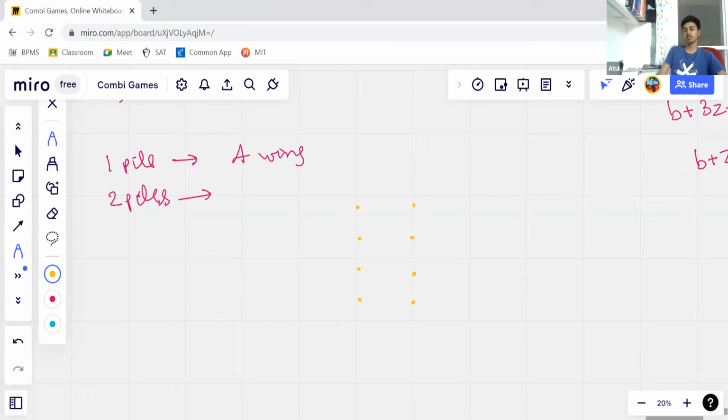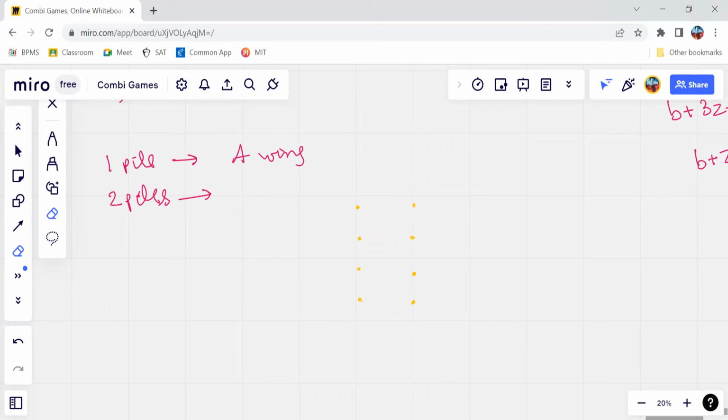4 and 4. Like take the first 2. First few. How many is a few? Like first 2. Then you can make any move you want for B. Okay, so now I will just remove 1 stone.